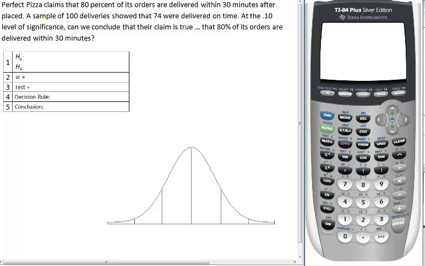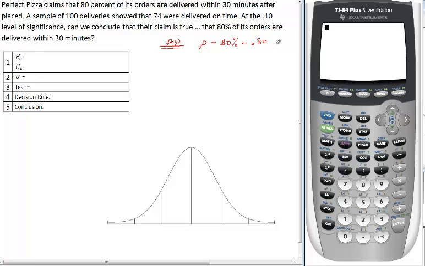And I always like to start with what do we know about the population and what do we know about the sample. So in the population, now this time all we get from the population is that P, the probability or proportion, is 80%. So we're given a fixed amount, 80%, which of course we're going to enter into the calculator as a decimal, so I'll change that to 0.80.